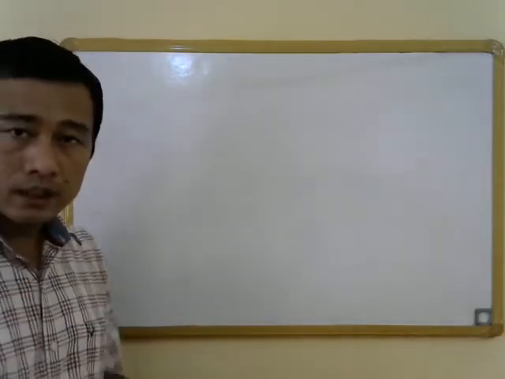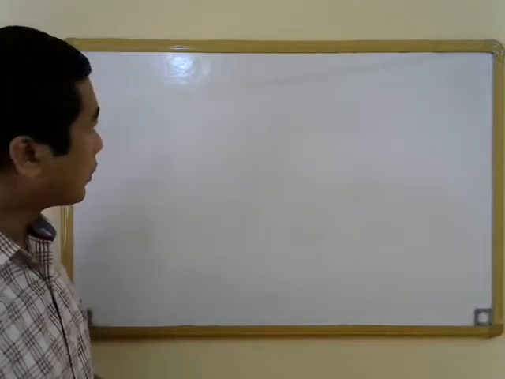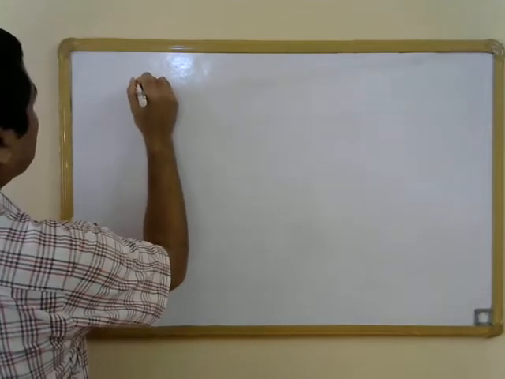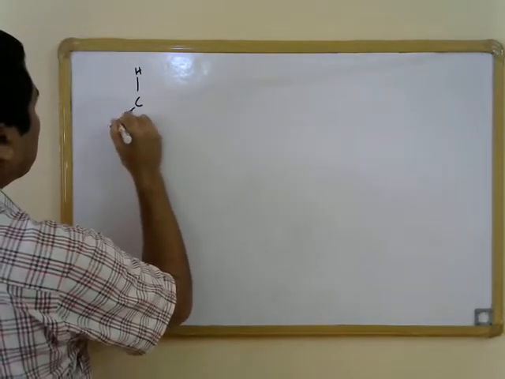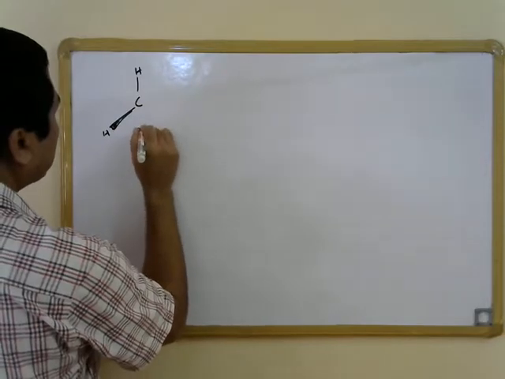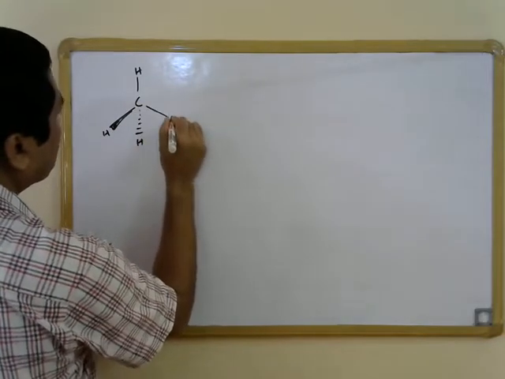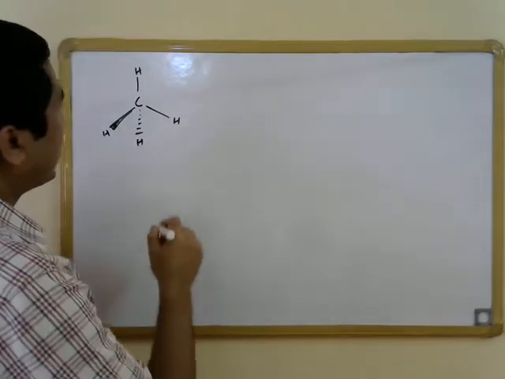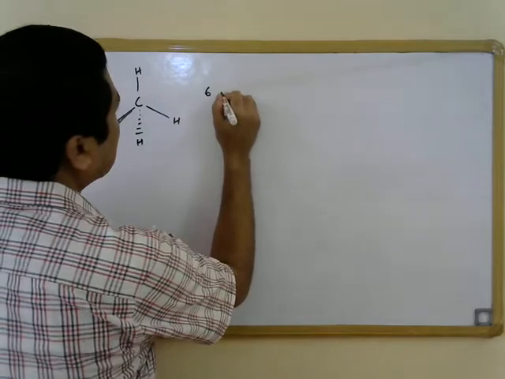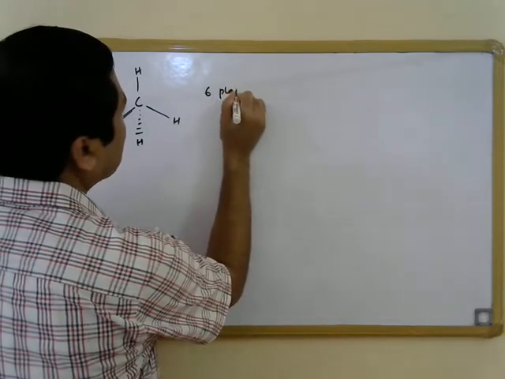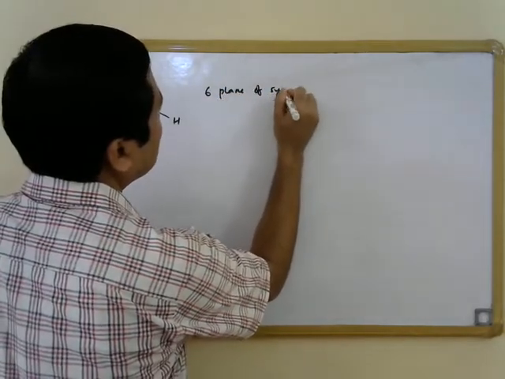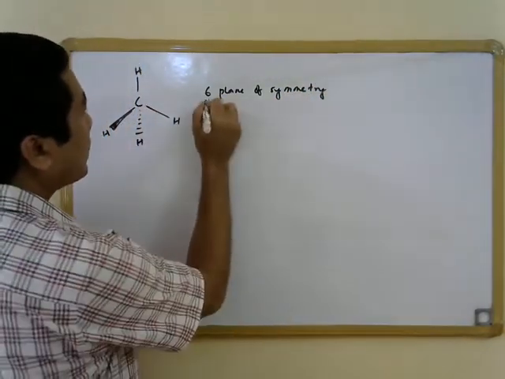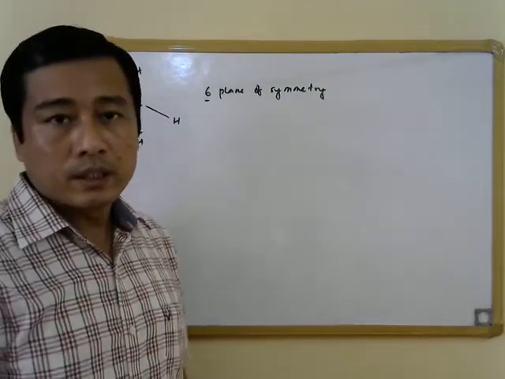So let us begin and let us stick to the same methane molecule that we have taken as an example earlier. That is the methane molecule, CH4, and what we have already deduced is that there are 6 planes of symmetry present in the tetrahedral molecule, and each plane of symmetry produces one operation.